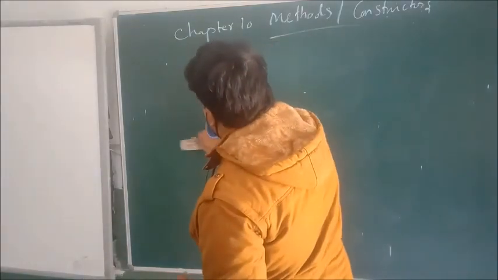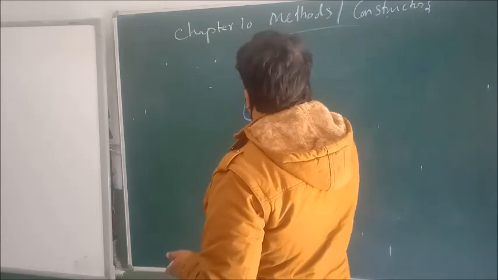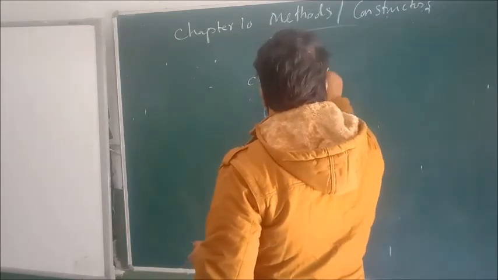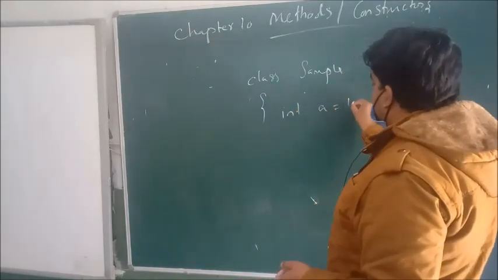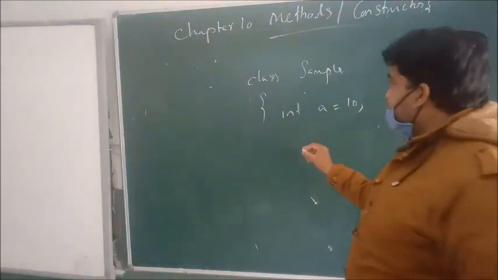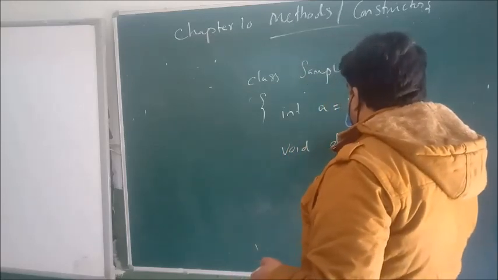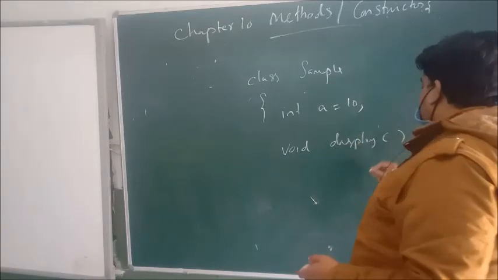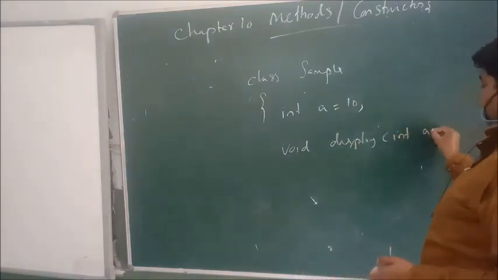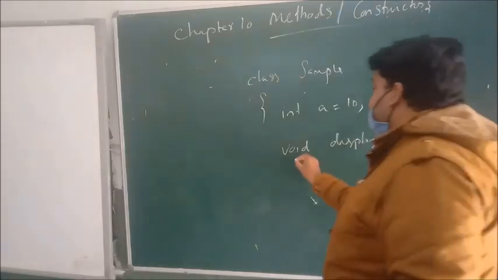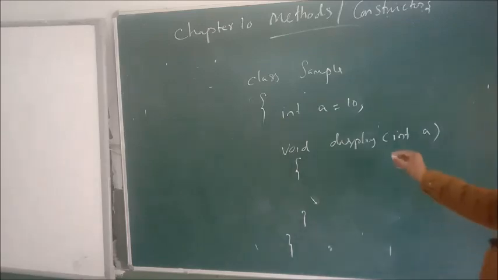Then I can give you one example for that. Again, class sample. We have a variable int a is equal to 10. Then suppose you have a method void display. See, I am using the same variable name: void display(int a). Okay.